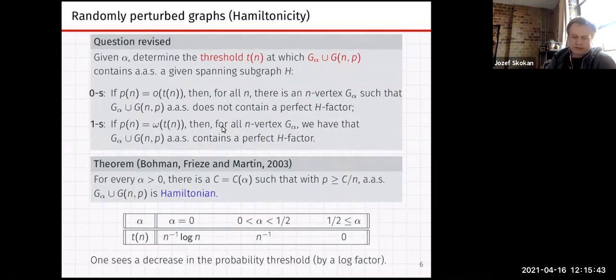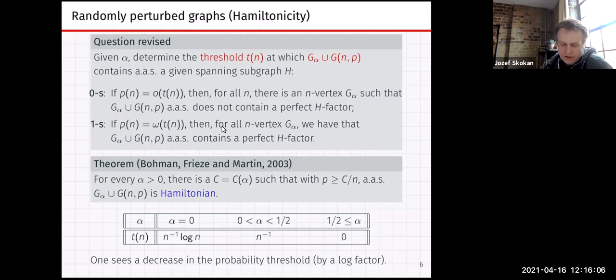Let's look at this question for Hamiltonicity. We would like to determine the threshold t(n) at which this perturbed graph G_alpha union G(n,p) contains asymptotically almost surely a given spanning subgraph H, and think about a Hamilton cycle.